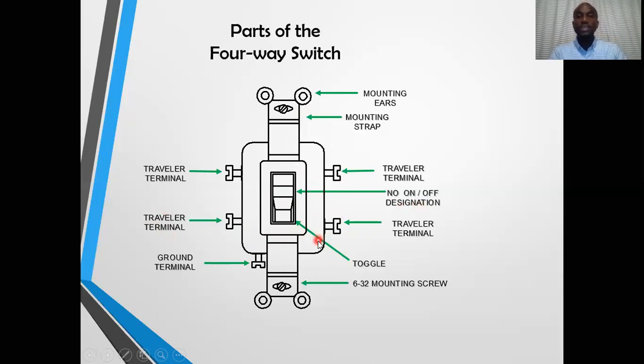So therefore, it is not marked line or load, as you would have remembered the double pole switch was marked line or load. It simply means that when you are connecting the four-way switch, if you want to use these two terminals as your input from one side of the three-way switch, then you connect both of these terminals back to that three-way switch.